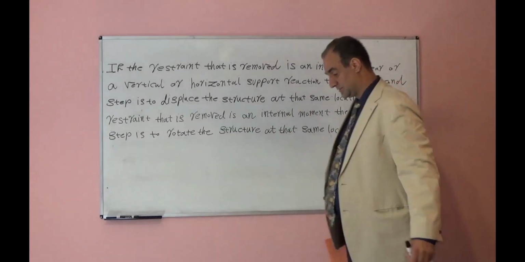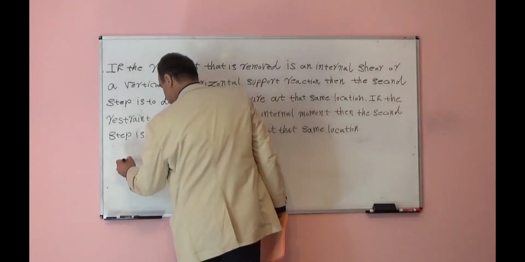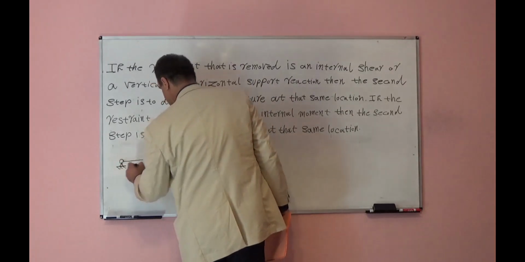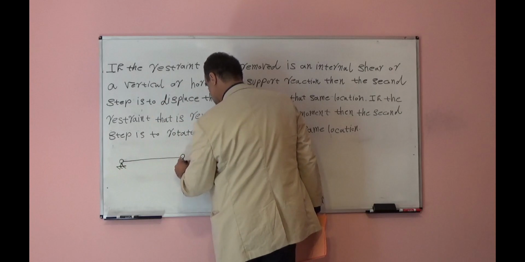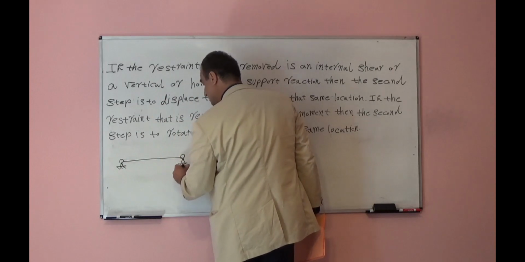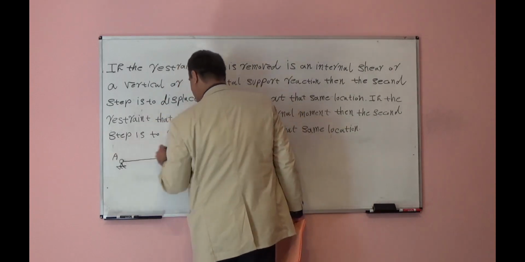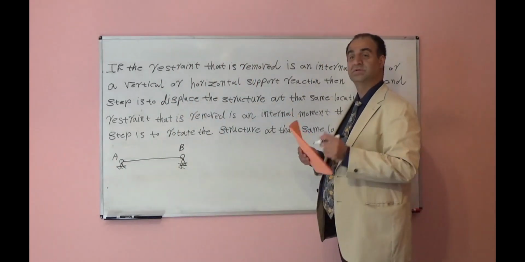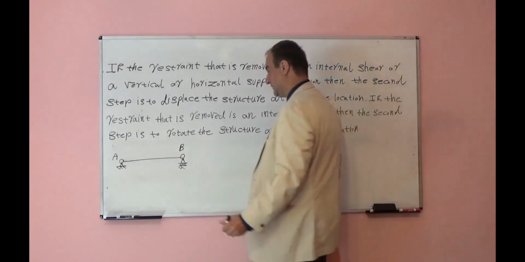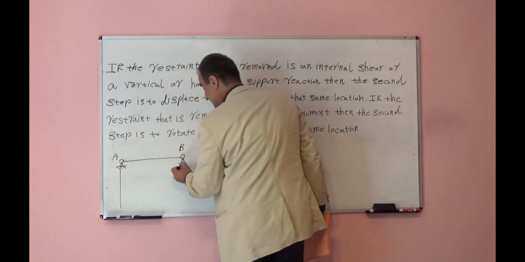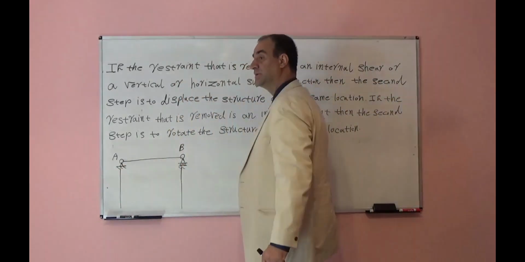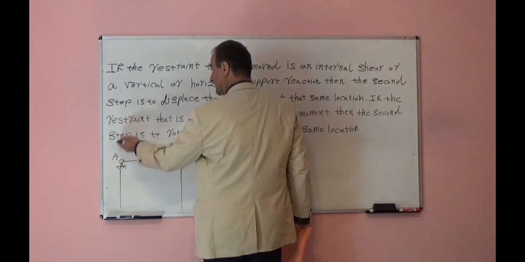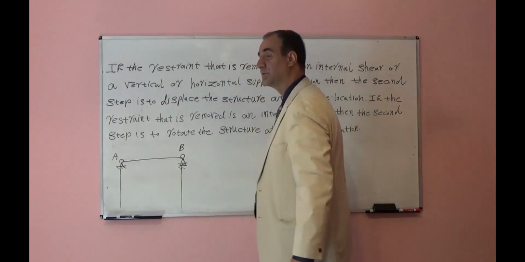For example, assume I have simply supported beam. I want to draw influence line for reaction at point A. First I will remove that restraint. It means there is no reaction at point A. In that case, point A can move in vertical direction.